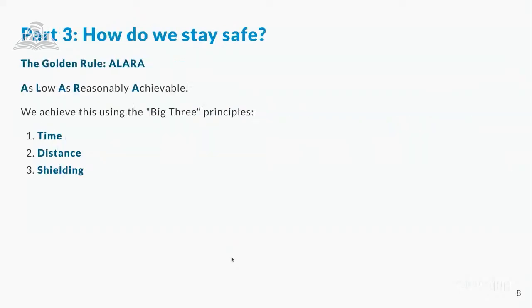So how do we stay safe? What is the concept that creates safe practice? We have one golden rule, as low as reasonably achievable. We achieve this using the big three principles. These are physical principles. You cannot change them. They are always effective, no matter what.